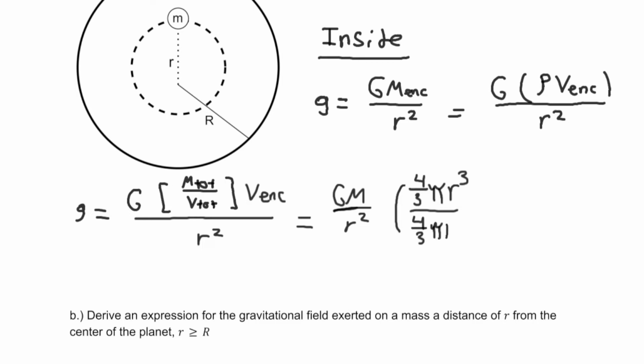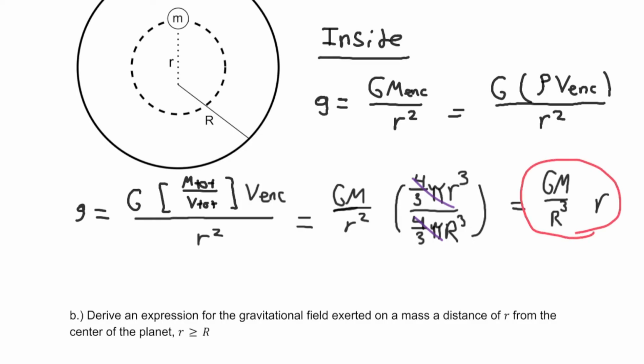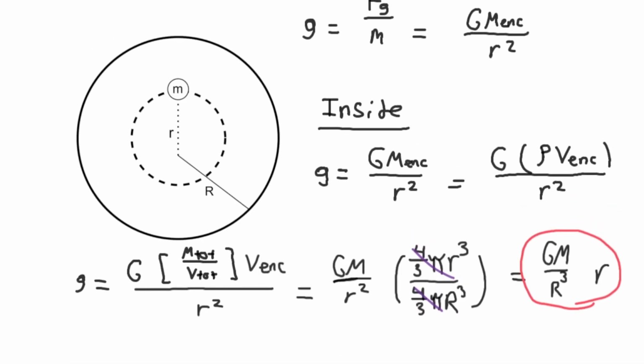And then for our total, it's just a sphere of radius big R. We can see that the 4/3 pi's cancel, as well as 2 of the r's. So we get GM over big R cubed, which is a constant, times r. So the gravitational field is actually linear inside the planet. So it increases linearly up until you get to the outside.